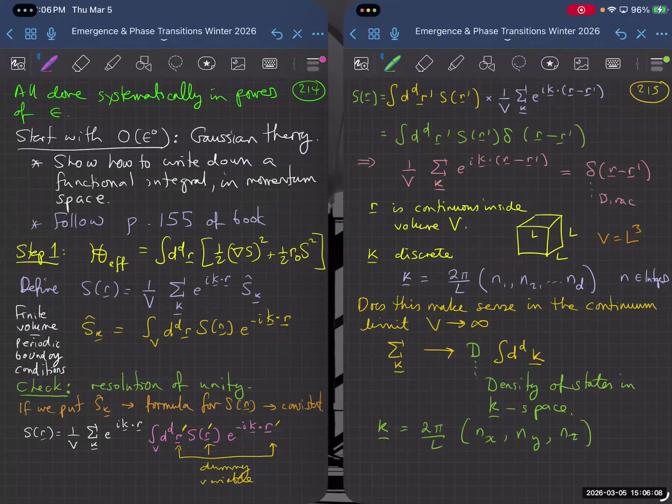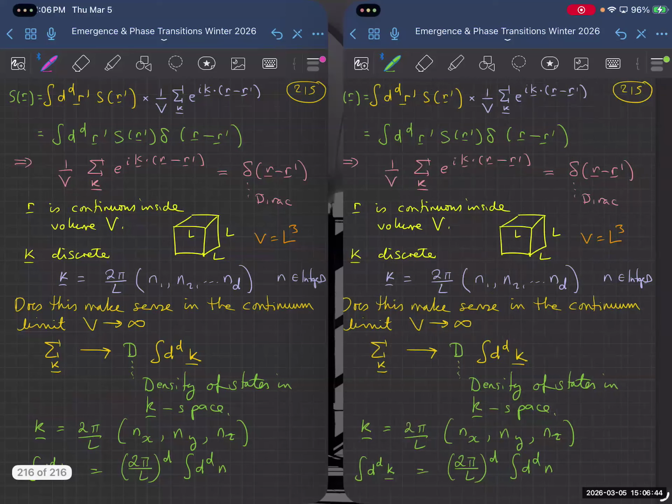And these are integers. So how do I turn a sum into an integral? Well, the simplest thing is to turn the sum over k into an integral over k. The integral dk is going to be 2 pi over L, but there are d dimensions, so that's raised to the power d, and then the sums over n become integrals dn, where n are the integers.